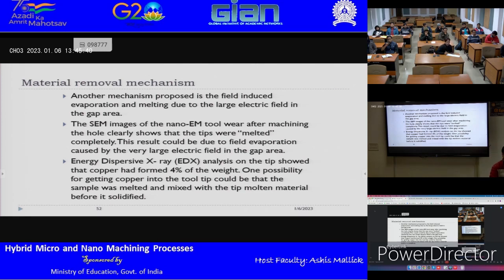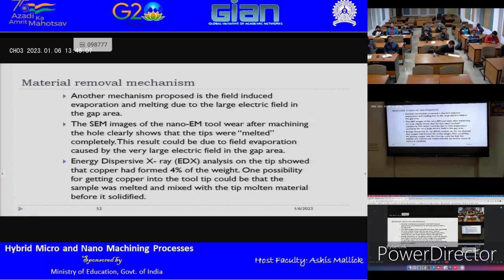No, the contact process was used for scanning only. After scanning, we took it out and then applied the voltage. It is not a contact process then. But AFM itself is a contact process. In STM, remember, the tool goes down and comes very close to the atom, makes a channel with the atom and interacts.